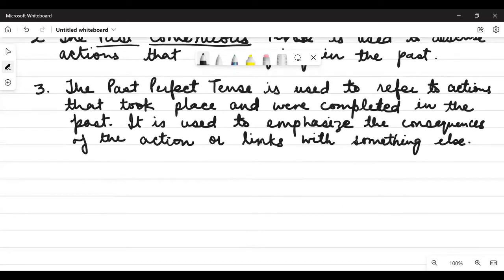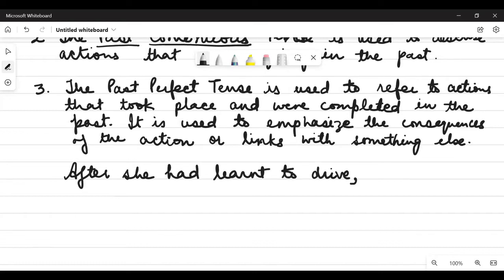Now, please understand, for example, if we say, after she had learned to drive, she felt more independent, right?